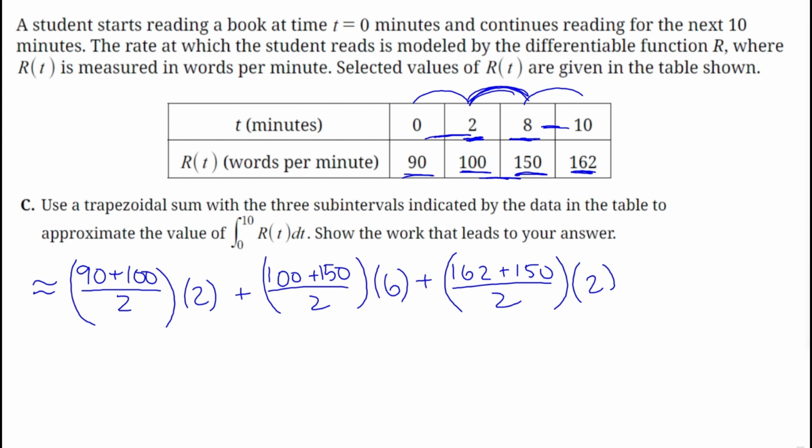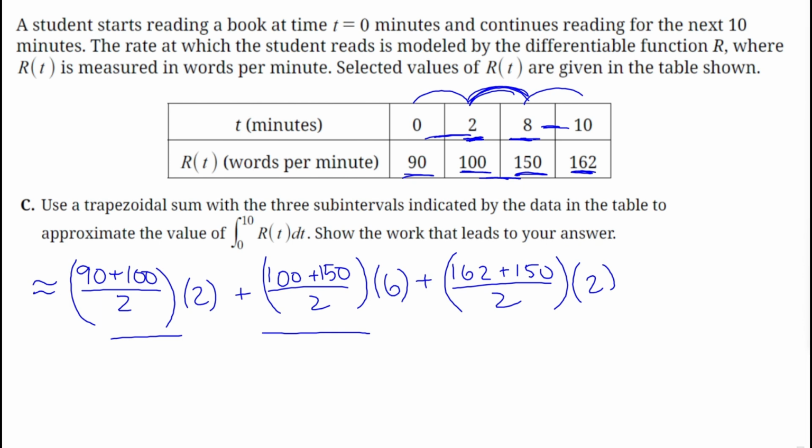If you do this step correctly, you're going to earn that first point for showing the form of the trapezoidal sum, right? And so you don't necessarily have to write it out in the notation that they are showing in the scoring guidelines.